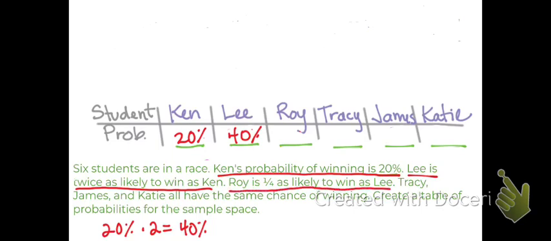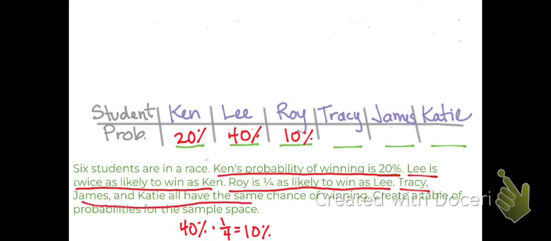So we take that 40%, Lee's probability, and we multiply it by 1/4 or divide it by 4. And then again, Tracy, James, and Katie all have the same chance of winning. So their probabilities are all going to be exactly the same. We don't know what it is, so we're just going to use a variable. You can use any letter. I'm going to use P.